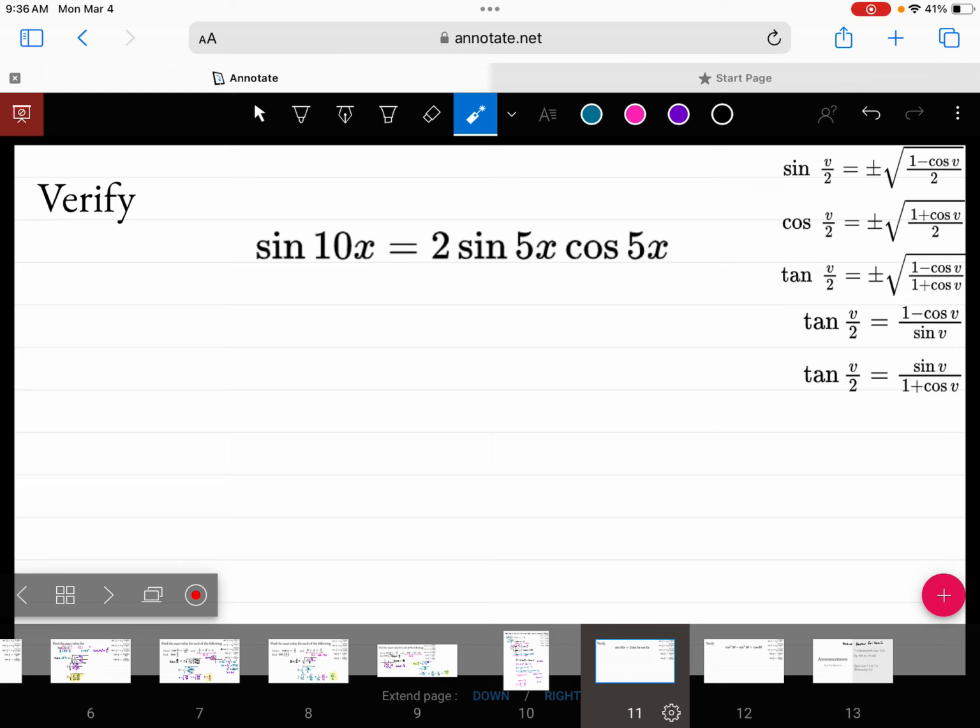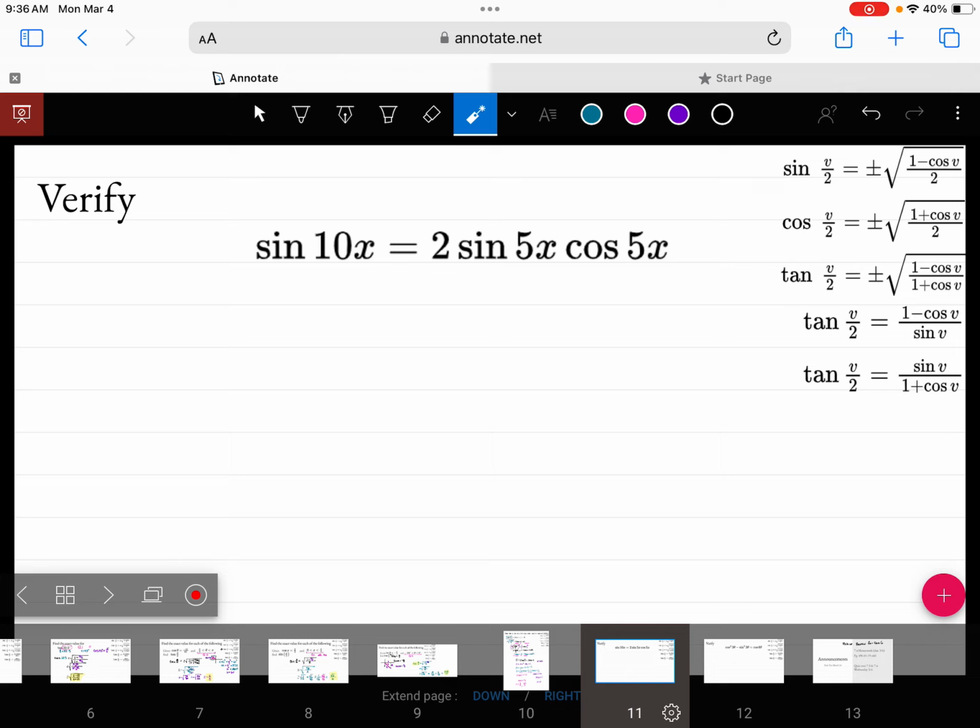This section includes both our double and half angles. I know I still have all of our half angle formulas on the side, but this section includes all the double angles as well. So it might not be that we need a half angle, it could be that we need a double. So we're gonna do this as a verifying problem. These aren't super long. We're gonna do 2 of them and we're gonna have time.